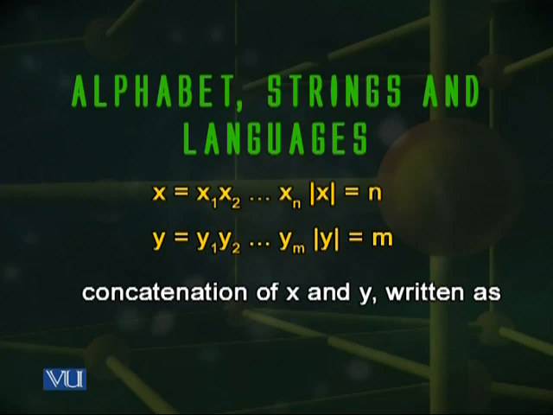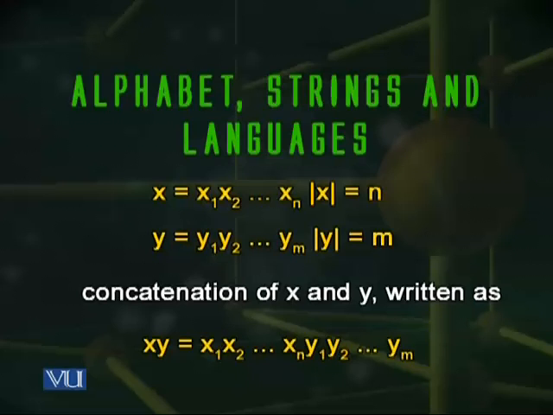Then we define what we call the concatenation of these two strings x and y, which is usually written as xy. This is the string obtained by appending y to the end of x. Thus, xy equals x1 followed by x2 all the way up to xn, and then followed by y1 followed by y2 all the way up to ym.